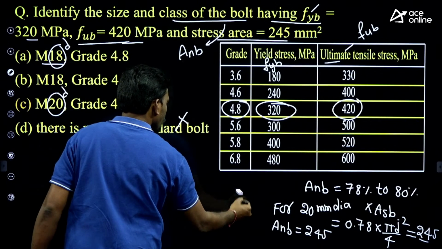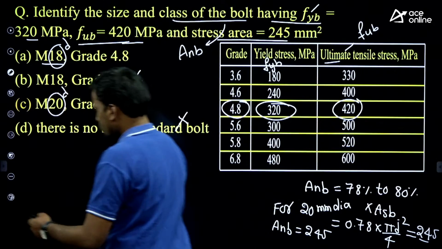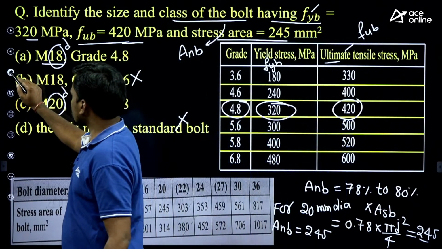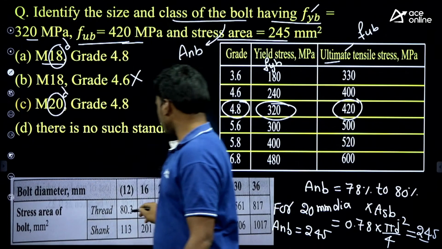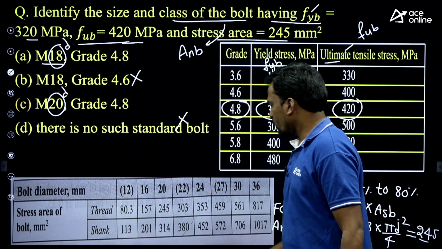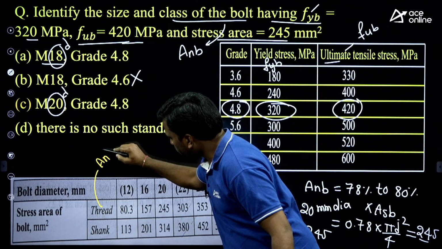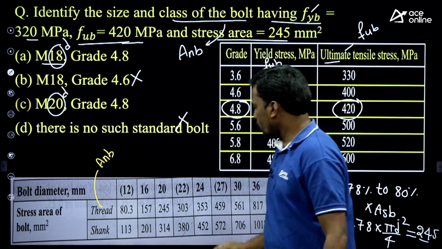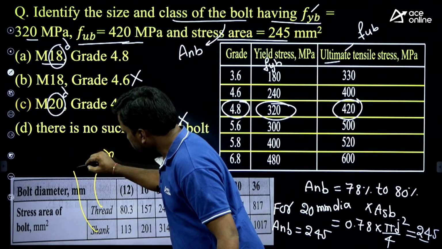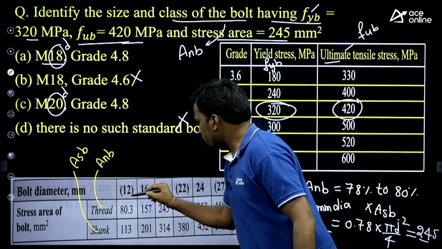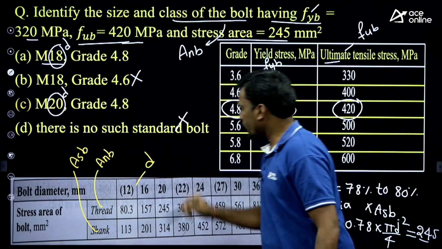So these are the values for all the diameters. These are the A and B values, and these are the ASB values, and these are the nominal diameters of the bolt.